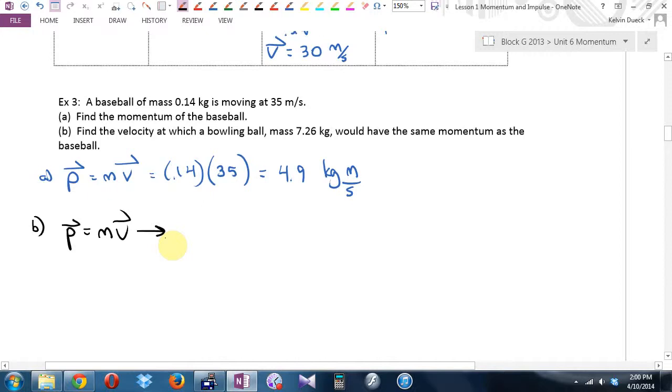Yeah, okay. Apparently, another equation for velocity, of which we've got like 9 or 10 now, apparently is, hey, if you know the momentum and you divide by the mass, you've got the velocity. So it's going to be 4.9 from part A, 7.26.